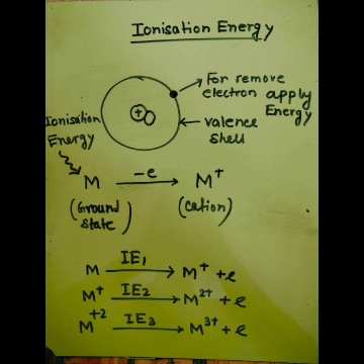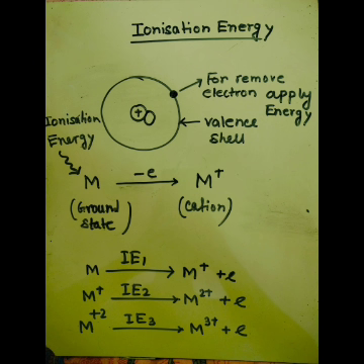That means in the ground state an atom has lower energy compared to its excited state, because a neutral atom is more stable than a charged atom. So the amount of energy required to remove an electron from its outermost shell is known as ionization energy.